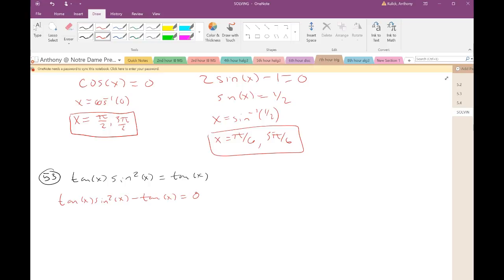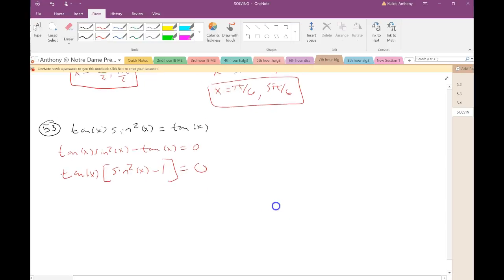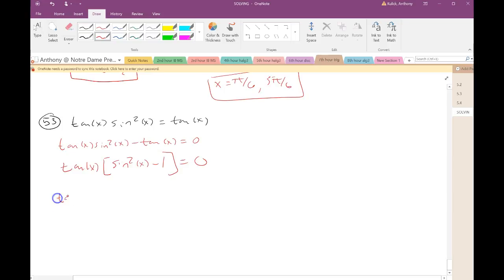First thing I do after that, or now, would be to hopefully factor off a tangent is what you'd say. I can then use the zero product property to rewrite these as two separate pieces. And remember that tangent is sine over cosine.